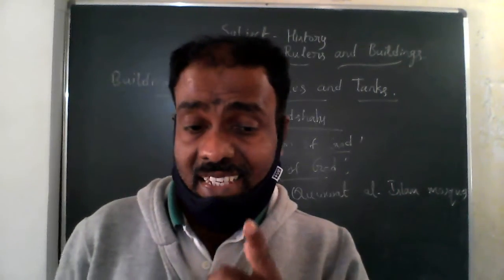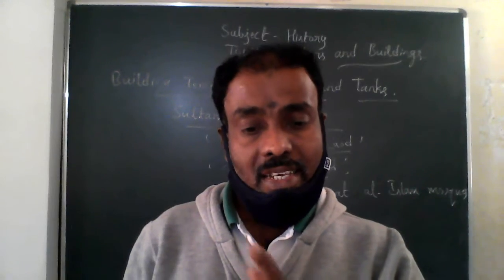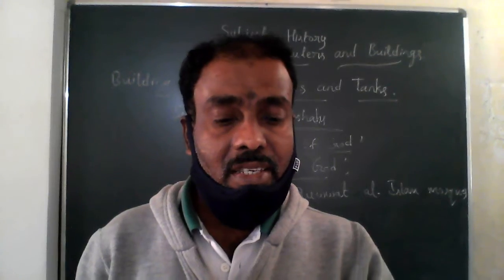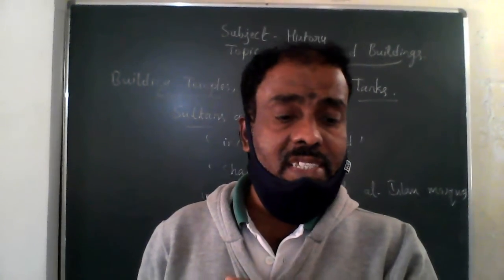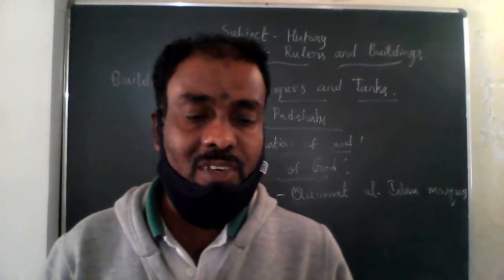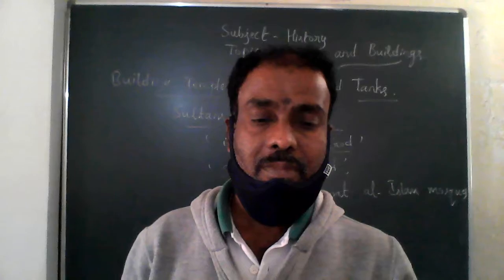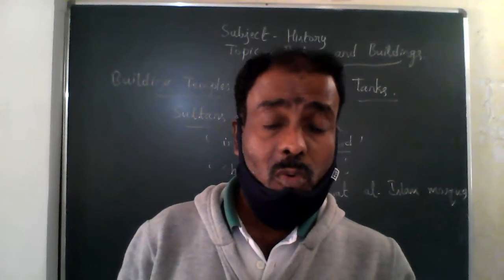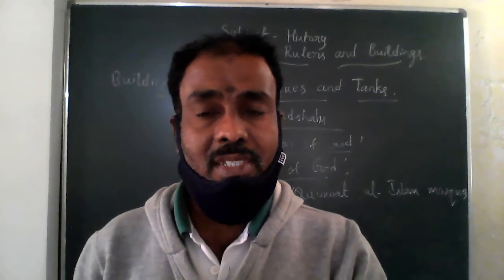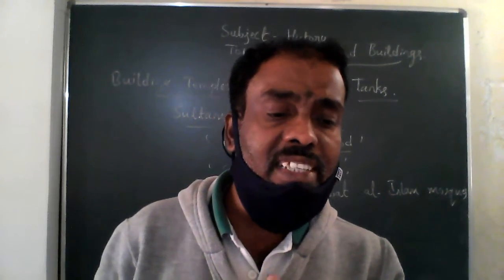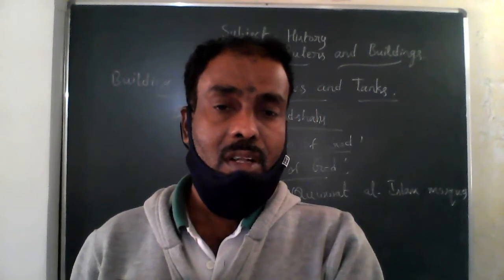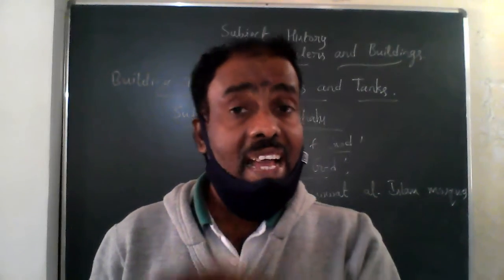That God chose Alauddin as a king because he had the qualities of Moses and Solomon. How beautifully it was explained. So dear students, in an inscription in the Quwwat al-Islam Mosque, that inscription explained that God chose Alauddin as a king.